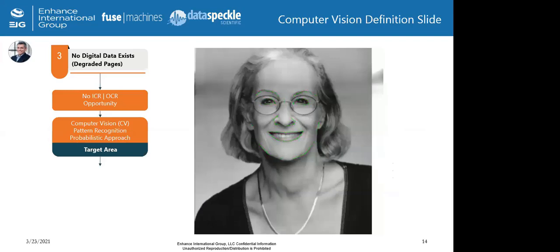We have an object, let's say our beautiful co-host, Carol, and we would like to recognize the fiducial features, so to say, the facial landmarks. This is the whole idea behind face detection algorithms.